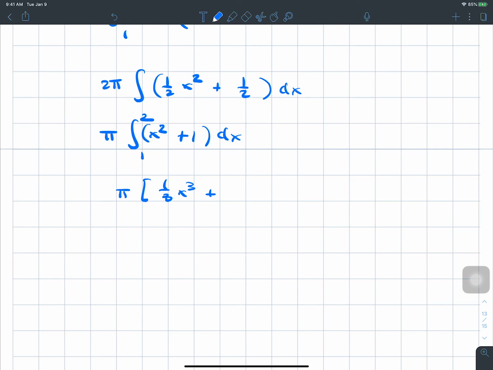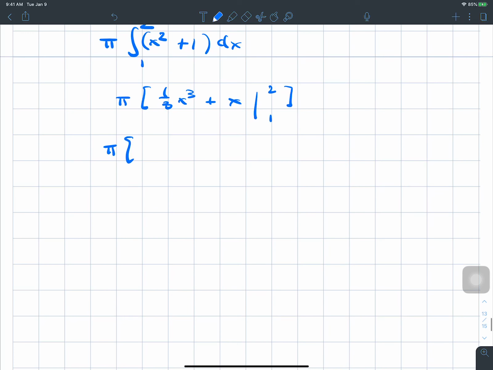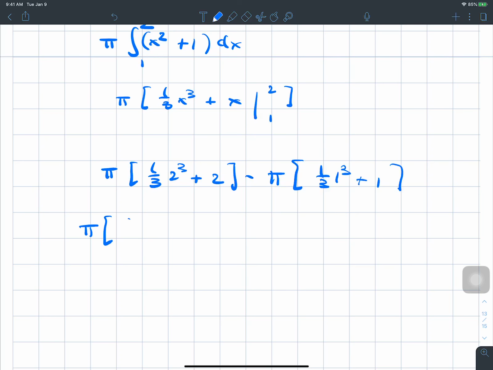1/3 x cubed plus x. Evaluate that from x is 1 to 2. So we get pi times 1/3 2 cubed plus 2, minus pi times 1/3 1 cubed plus 1. We get pi 8/3 plus 2 minus pi 1/3 plus 1.